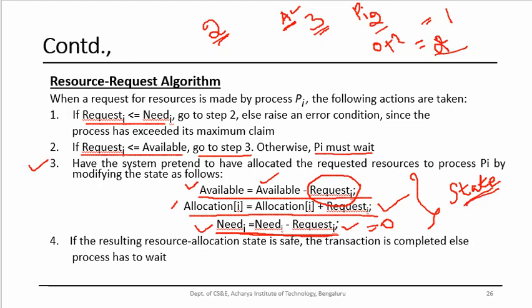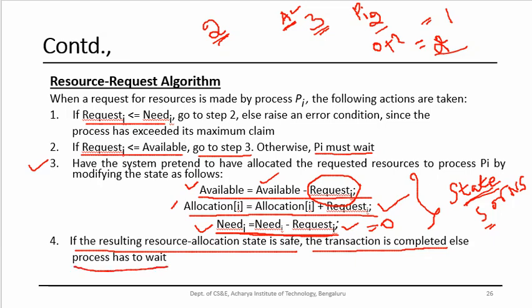Now the safety algorithm checks whether it is a safe state or not. If it returns that it is a safe state, then the transaction is completed. That means it is made permanent, else the requesting process has to wait.